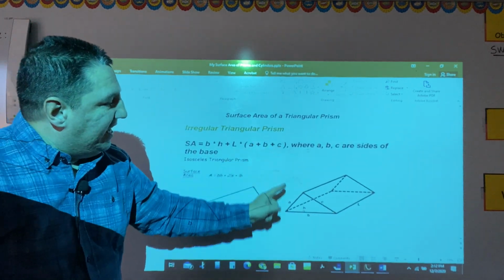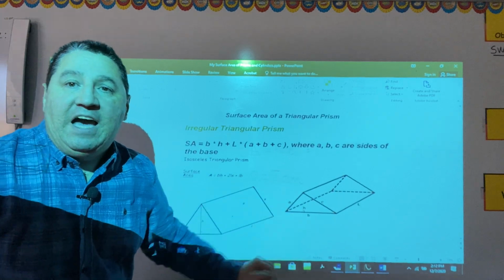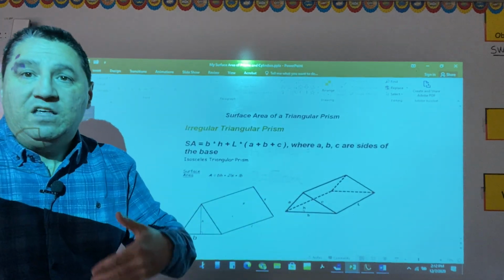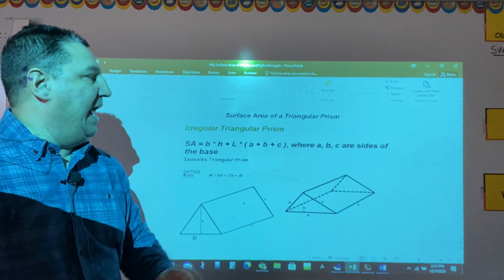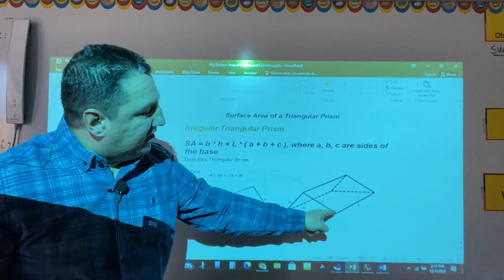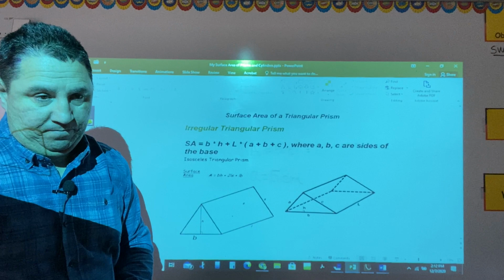A, B, and C are the lengths of the sides of the triangle of the base. L is the distance between bases.